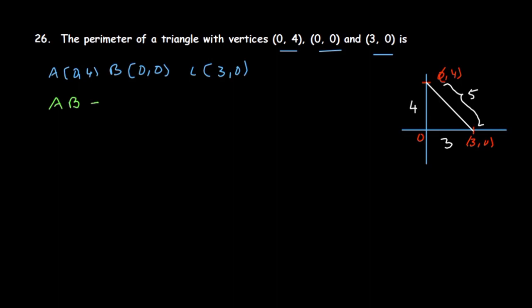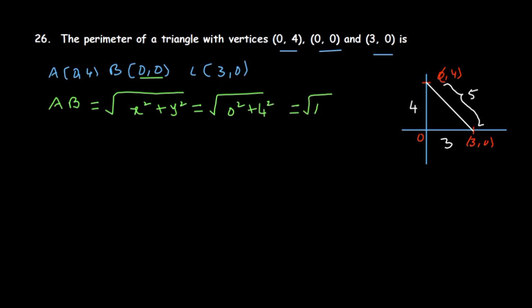Okay, so root of x2, no need, just x square plus y square we can take because one of the points is the origin. So then we have, yes, this is 0 square plus 4 square, which is equal to 4 square. That means the square root gets cancelled. Here we have 4. So the AB distance is 4, that is what we found here.